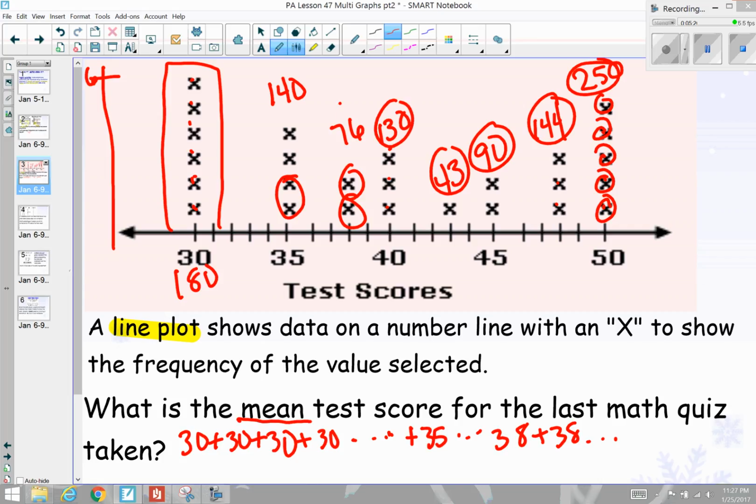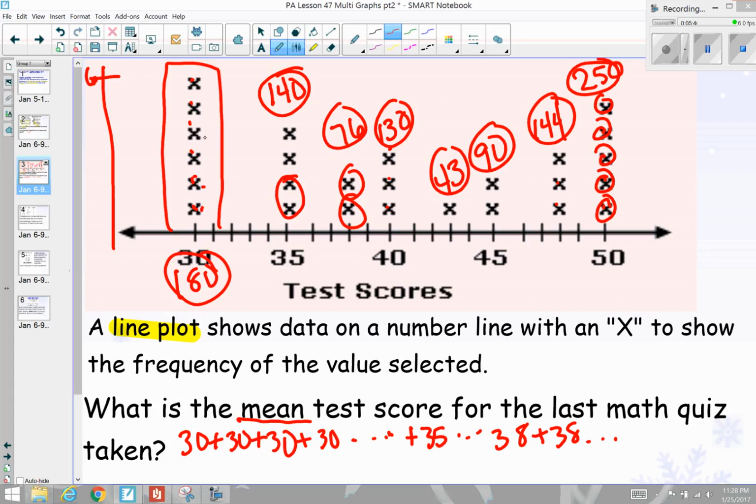Then, to find the mean, we would divide by the total number of x's that we have. How many students took the test? Each x represents a student that took the test.